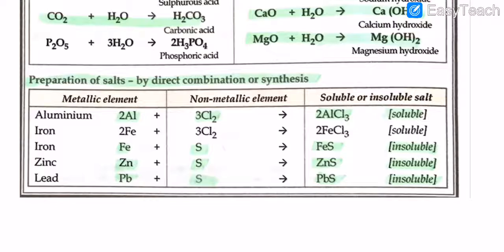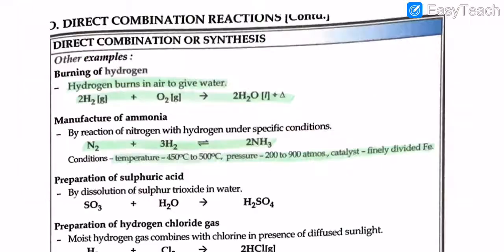When combined together, they can form soluble or insoluble salts. It really varies. In the next page, the examples continue, such as burning of hydrogen and manufacturing of ammonia. So let's go through each of them and see how the synthesis reaction takes place.